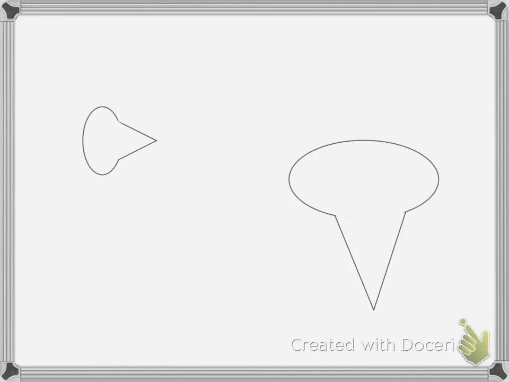Okay, so these two figures that are on the screen here, although maybe not exactly, look as though they're in proportion to one another. So let's name them: we have figure S1 and S2. It looks as if I could perform a dilation on figure S1 and make it the same shape and size as figure S2.